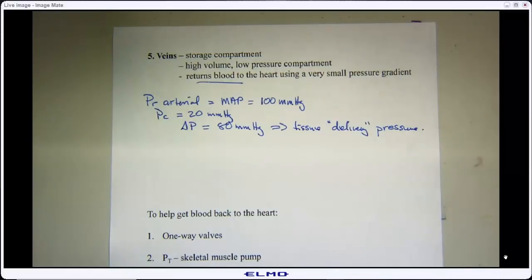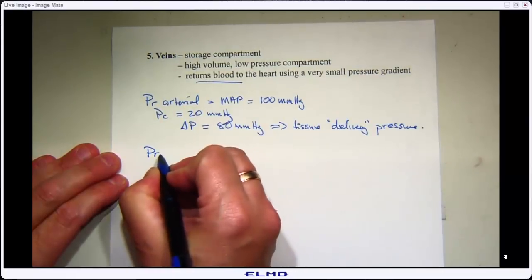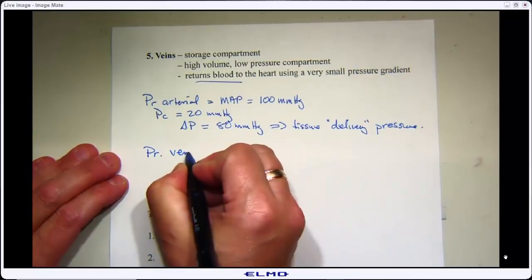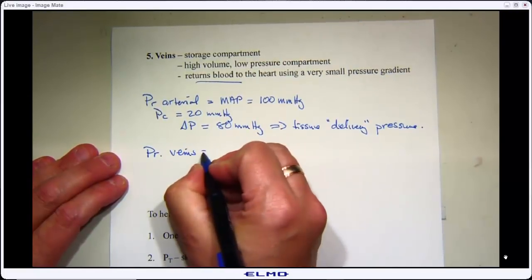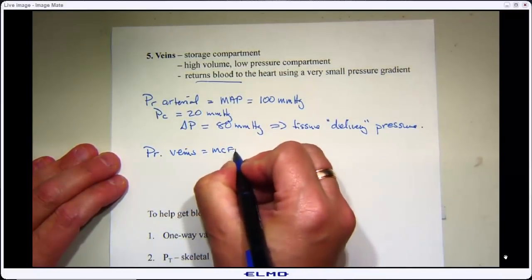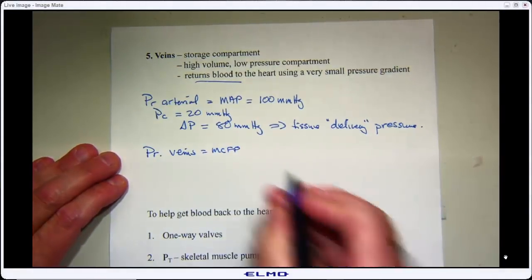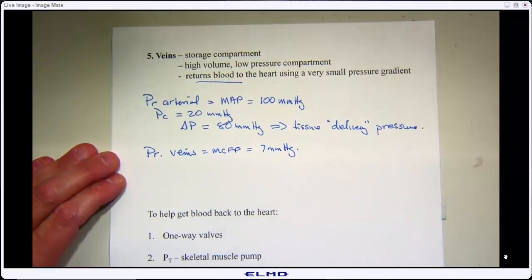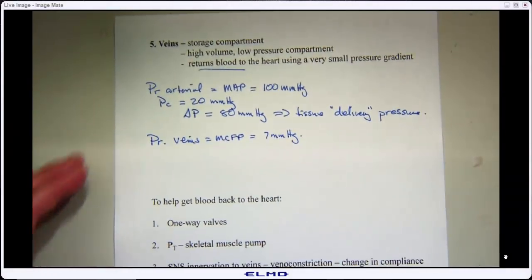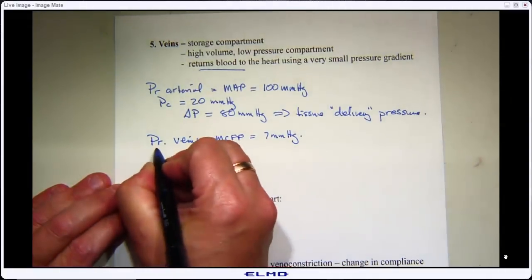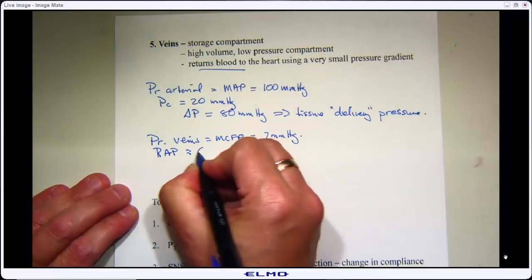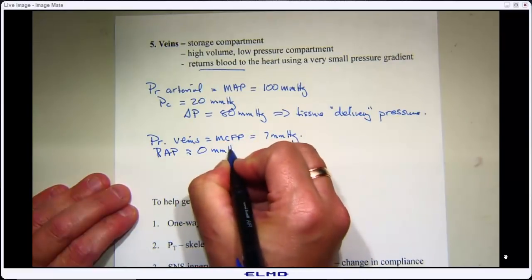Okay, but then we did talk about pressure. We have to have a pressure drop as we go across the entire system. Pressure in the veins, we called it mean circulatory filling pressure. We said that was around 7 millimeters of mercury. And then right atrial pressure, we talked about being approximately 0 millimeters of mercury.